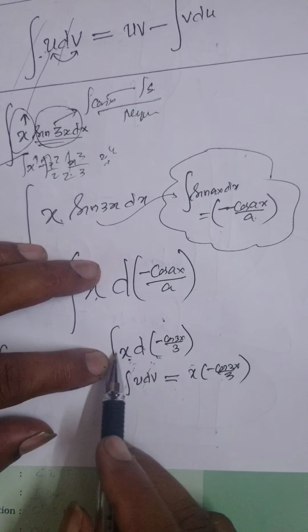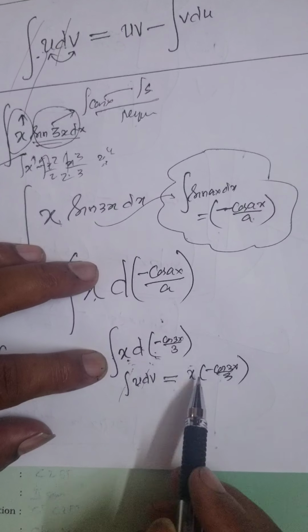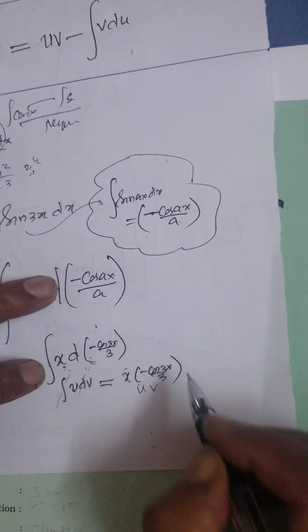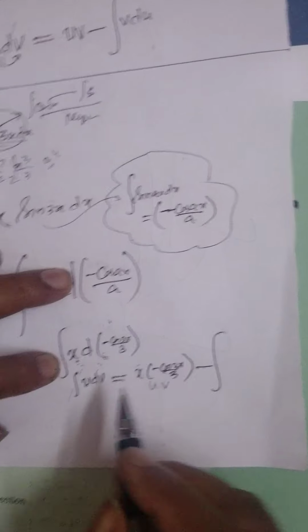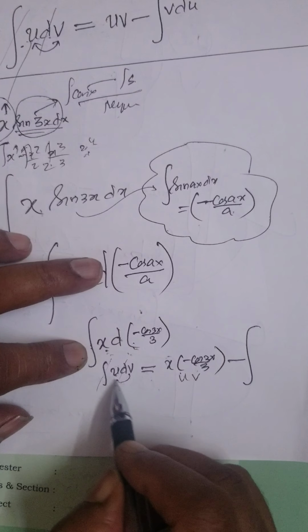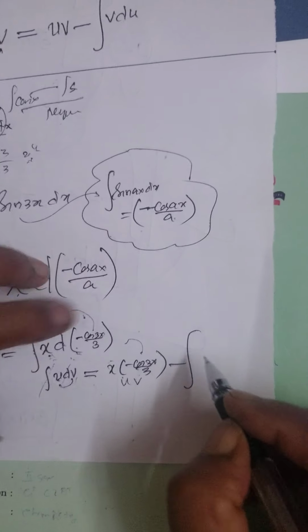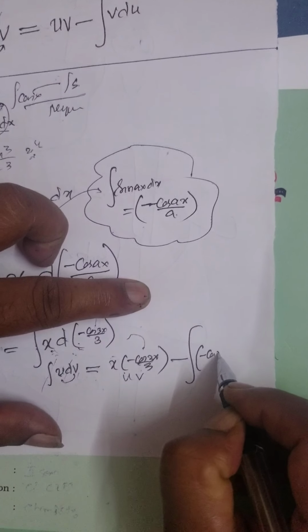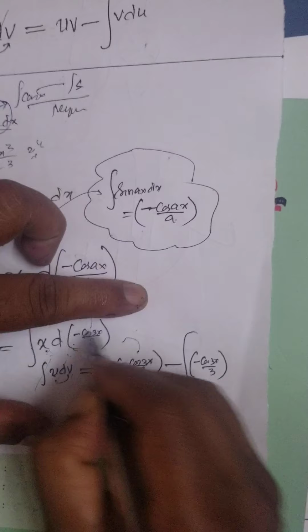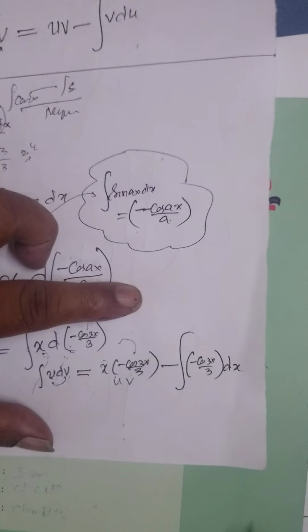Okay. I am cancelling these two, right? This is called uv. Put one sign, integral. Then what I have to do? Exchange. This I am going to exchange. This comes here, that goes there. That is what? Minus cos 3x by 3. This comes here, dx. Can you follow?